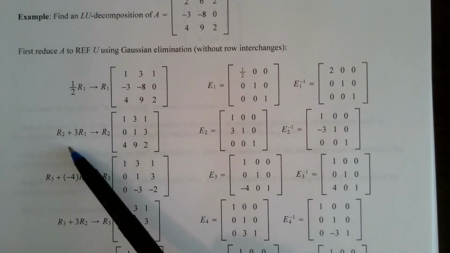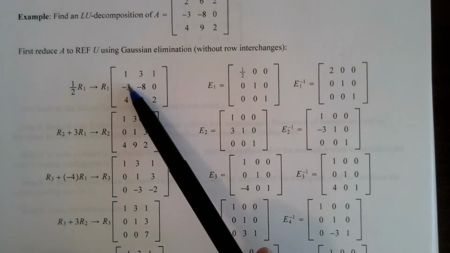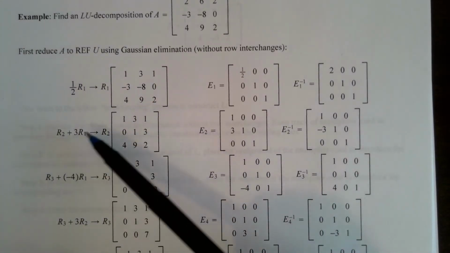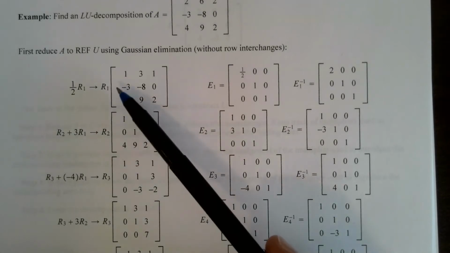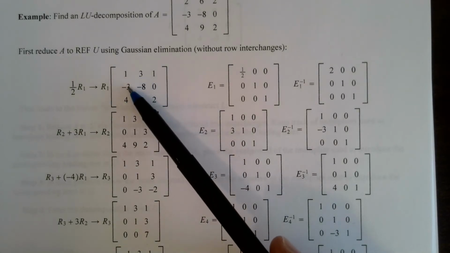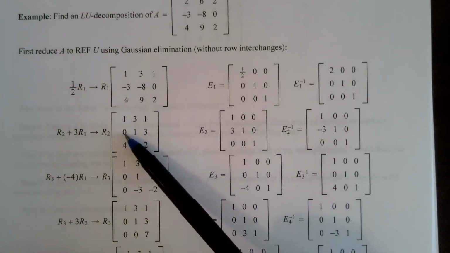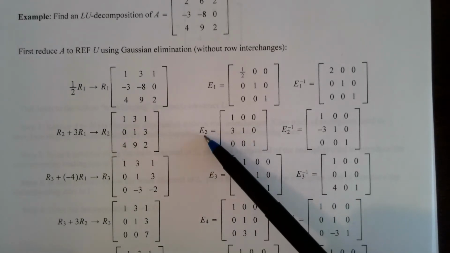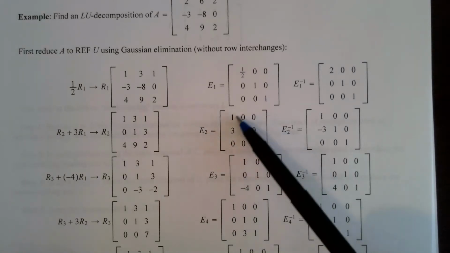Next, I want to get zeros beneath my leading 1. So I need to get a 0 here. How do I do that? I add a multiple of one row to another. I take row 2 and add 3 times row 1 to it. That will zero that out. What's the corresponding elementary matrix? If I add 3 times row 1 to row 2 of the identity matrix, I get this.